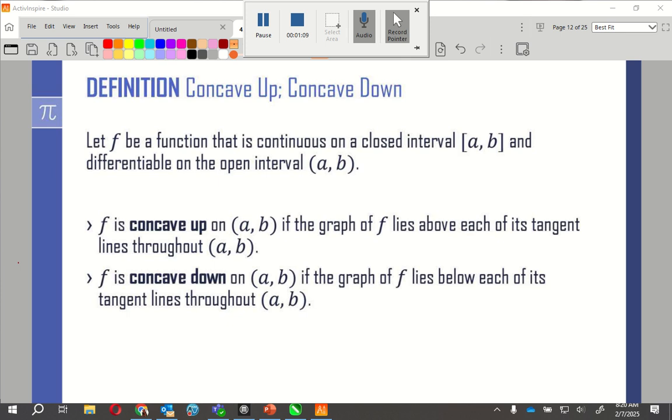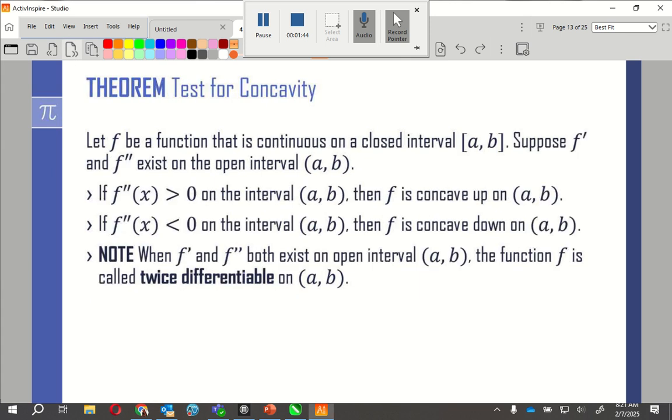Let f be a function that is continuous on the closed interval from a to b and differentiable from a to b. f is concave up on the interval if the graph lies above each of its tangent lines through a to b. f is concave down on a to b if the graph of f lies below each of its tangent lines through a to b. Now, does that make a whole lot of sense? Probably not, right? So, let's look at it like this.